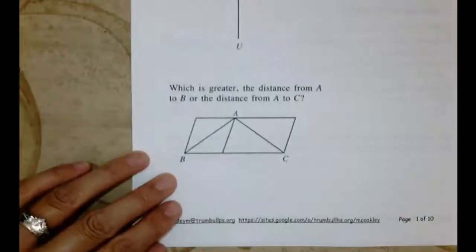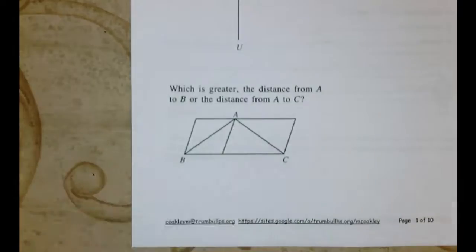And what about this one? How many of you thought that AC is longer? And how many of you thought that they are the same length? Has anyone thought that AB is longer? I think visually AC looks longer here. So let's just measure.